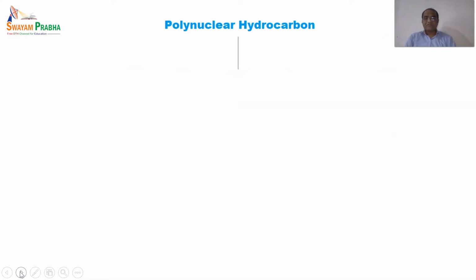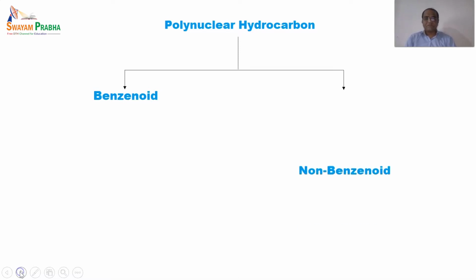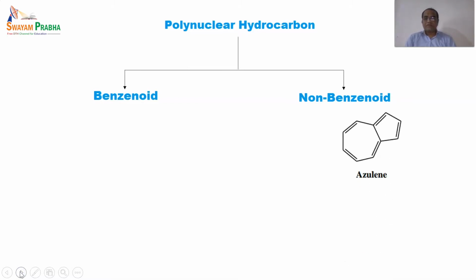Now we'll see the classification of polynuclear hydrocarbons. So first one is benzenoid, and distinguished from it is non-benzenoid. So benzenoid, the name itself indicates that it has a benzene aromatic ring, and non-benzenoid does not have a benzene structure.